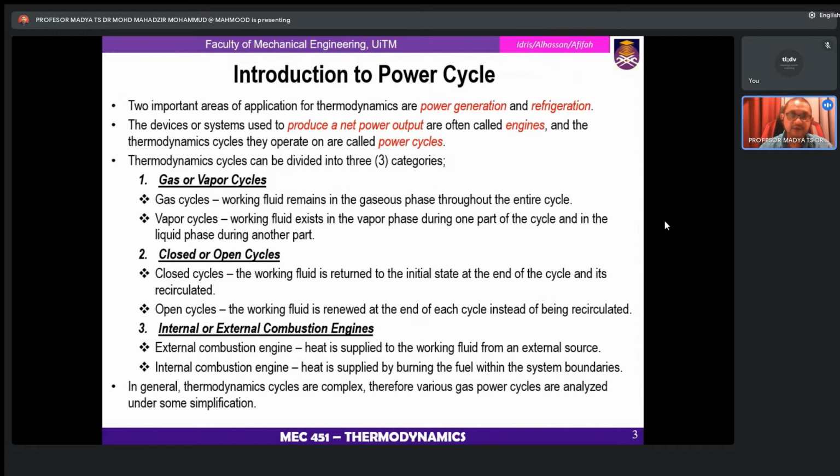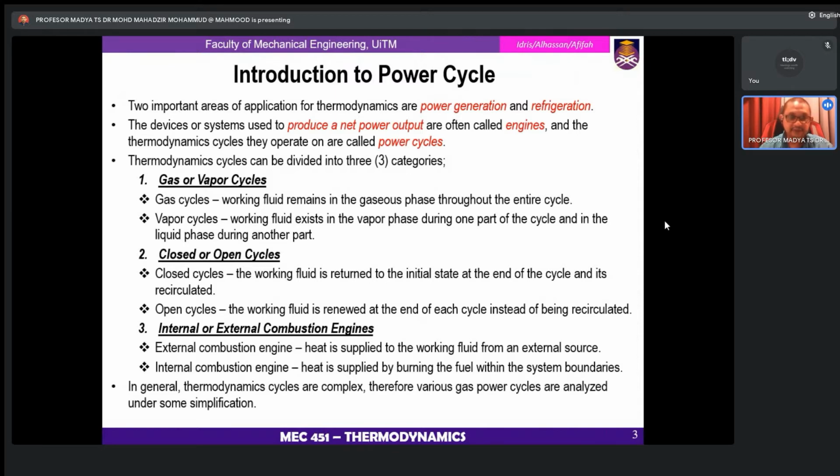Okay, that is a closed cycle. And for open cycles, you must know that the working fluid is renewed at the end of each cycle instead of being recycled. Okay, that is the difference between closed and open cycles.